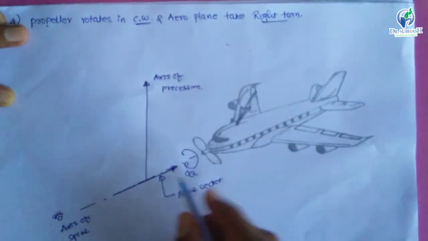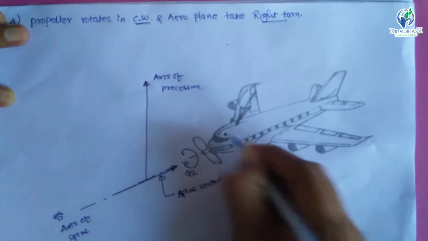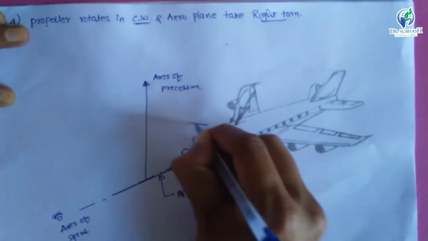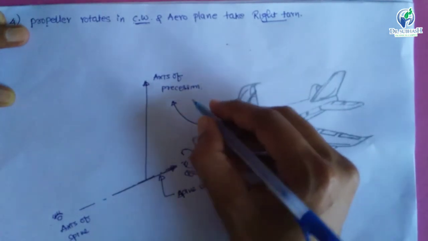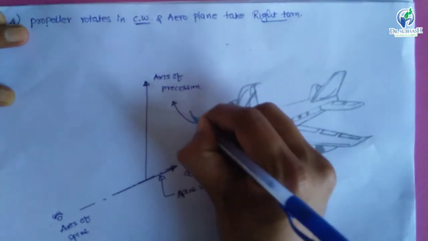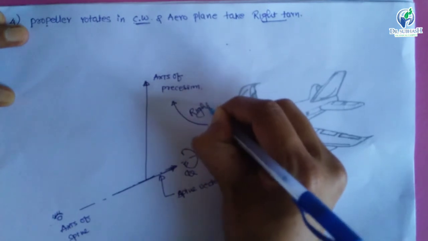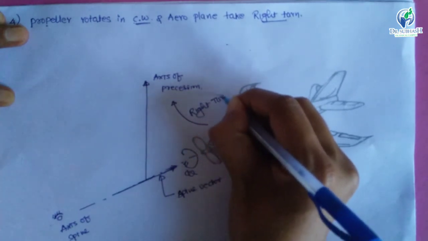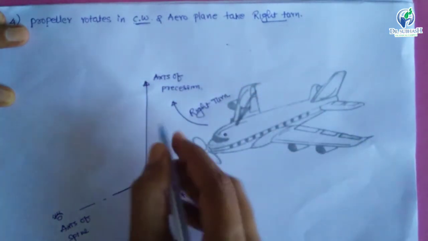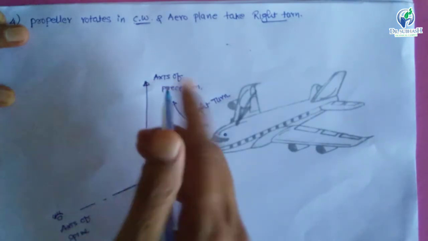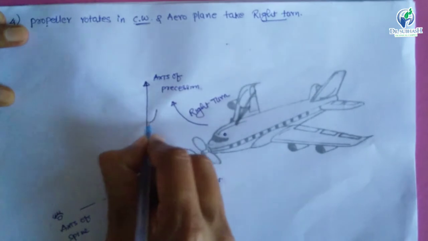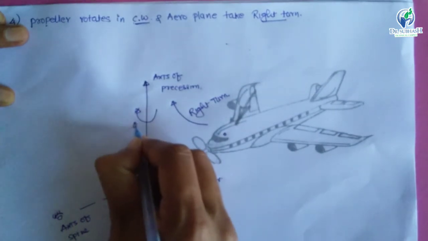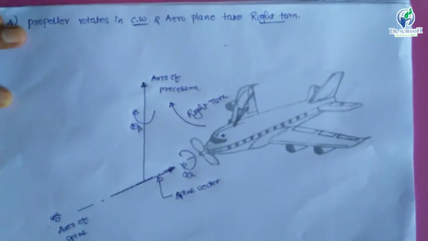When we assume that we are sitting inside the aeroplane, then our aeroplane is taking right turn. So this is the direction of rotation of aeroplane, and this is the sense of rotation of axis of spin.